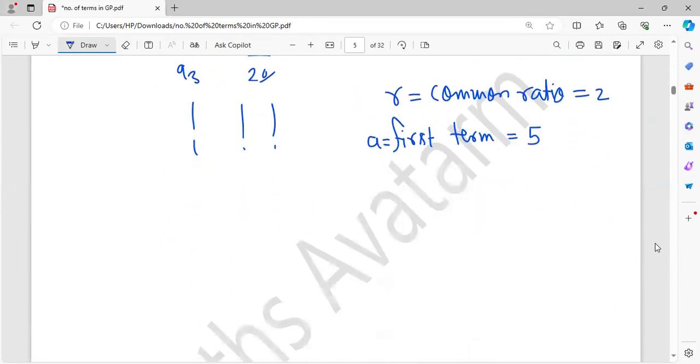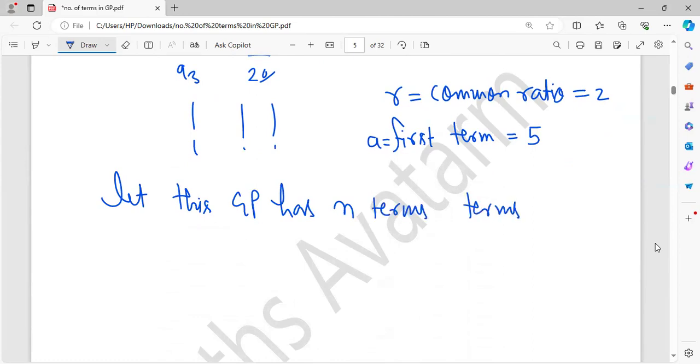Let this GP have n terms. So what will be the last term? That is my B, the nth term.